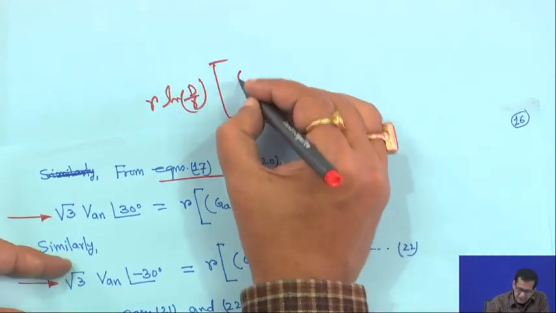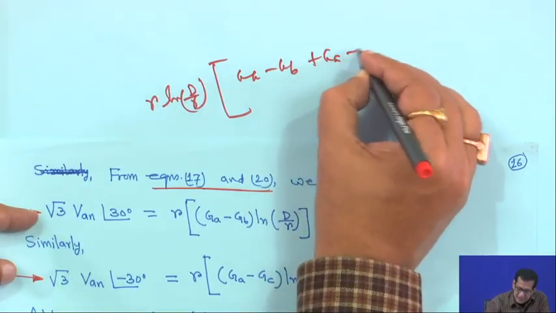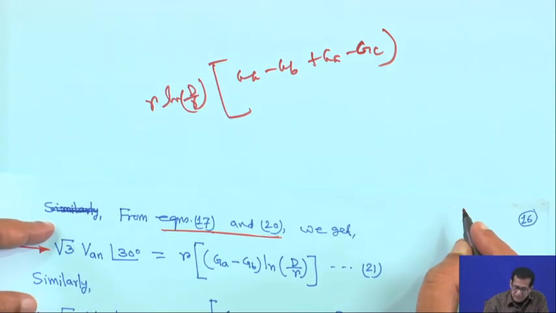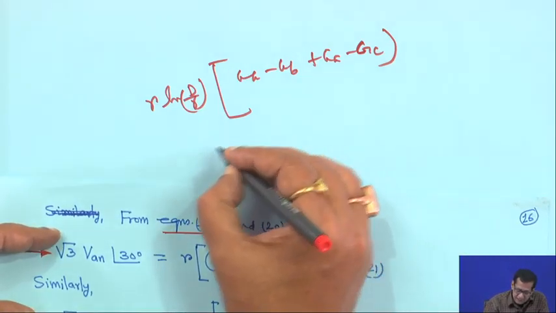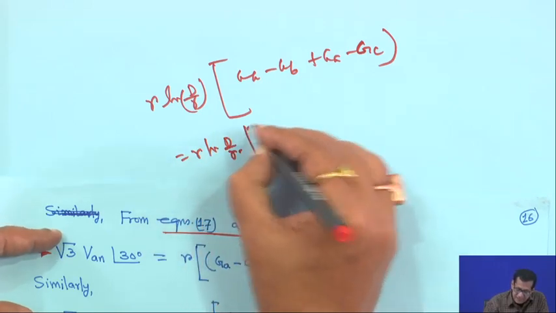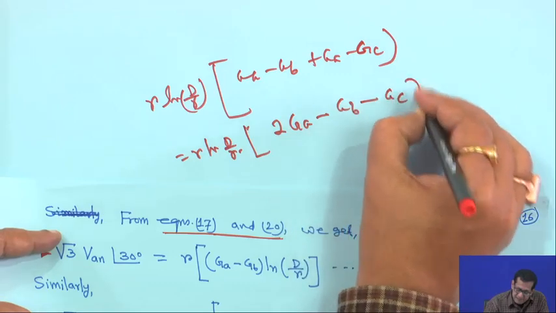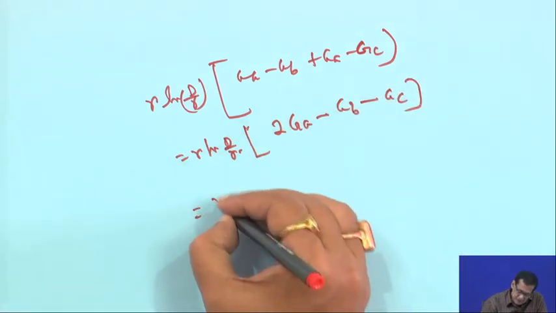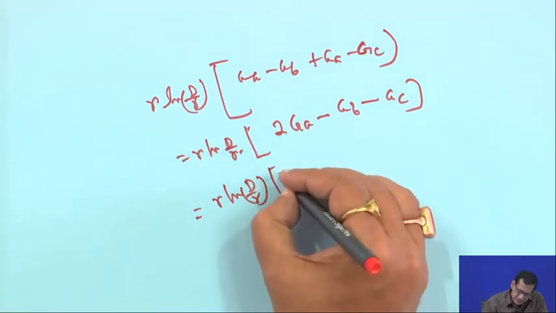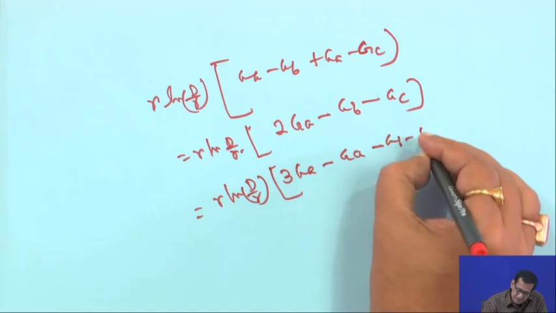So, in the bracket it will be Ga minus Gb plus Ga minus Gc, right. So, this will be R ln d upon R into 2 Ga minus Gb minus Gc. Then you add 1 Ga, it will be 3 Ga, then minus Ga minus Gb minus Gc.